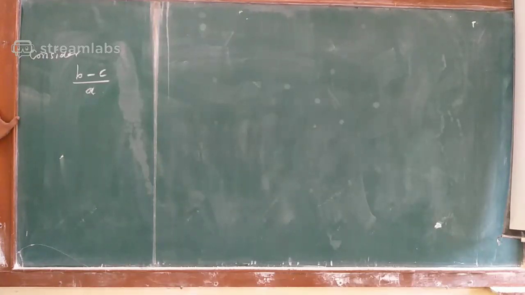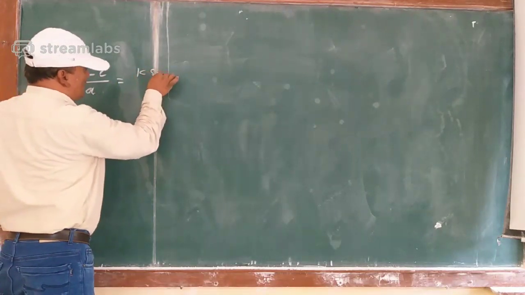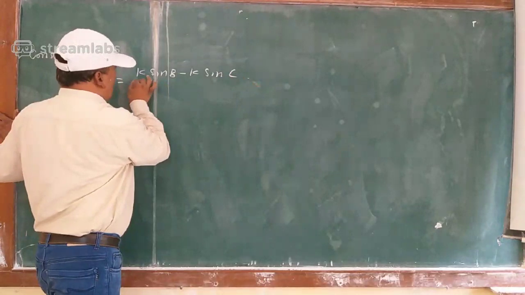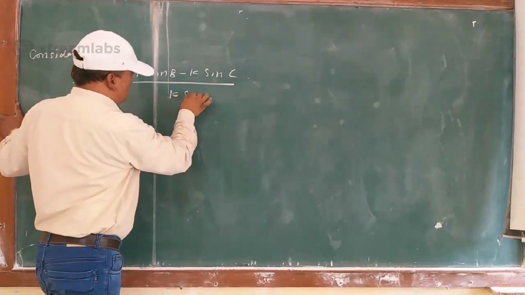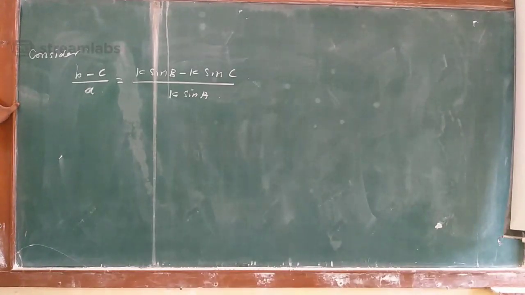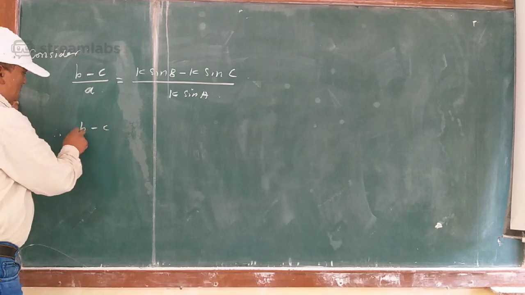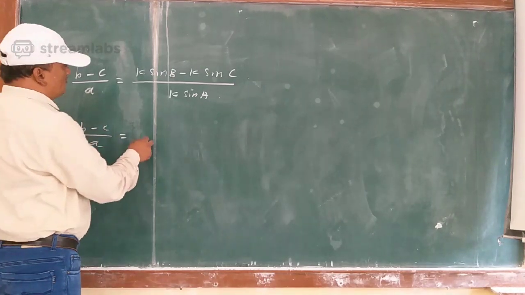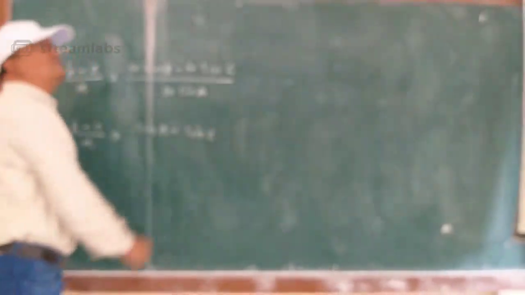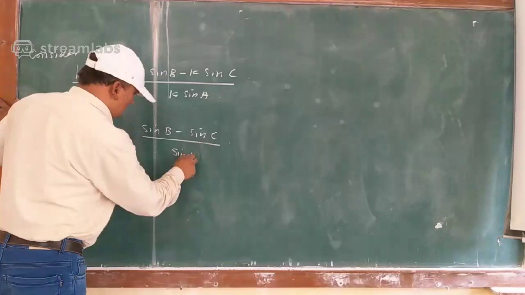So what happened? See, k sin b minus k sin c upon k sin a. After that, it will be (b minus c) upon a equal to (sin b minus sin c) upon sin a.